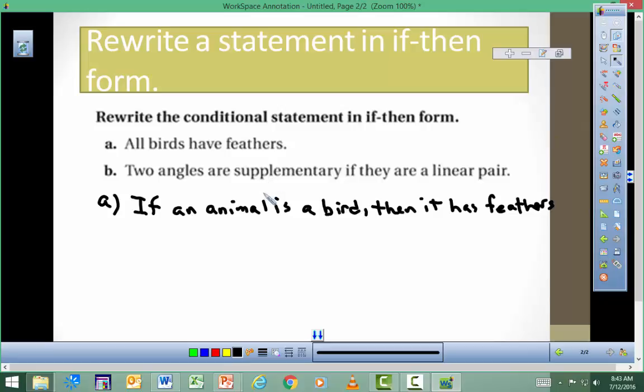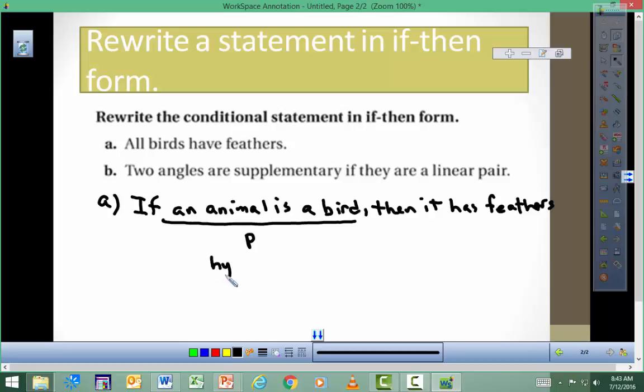Okay, so this would be what we call a conditional statement. Now, like I said, there's two parts to this: a hypothesis and a conclusion. So this portion right here is your hypothesis, and to state this a little bit shorter, we're going to use the P and the Q. So this part here would be the P, and this is also what we're calling the hypothesis, and I'm going to abbreviate that hypothesis HYP.